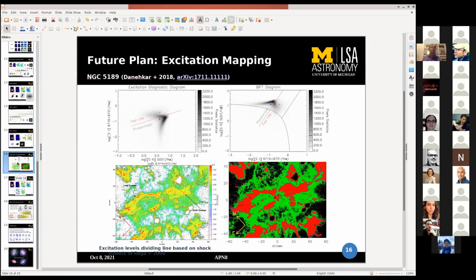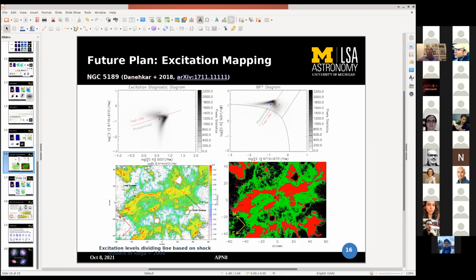Your question is about how I distinguish between the low ionization and high excitation regions, you mean? Yeah, this is something new. They recently started from 2018. Some people started to use this diagnostic diagram, which is similar to the BPT diagram. This BPT diagram is used for extended, spatially resolved galaxies.